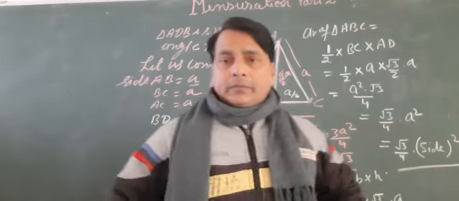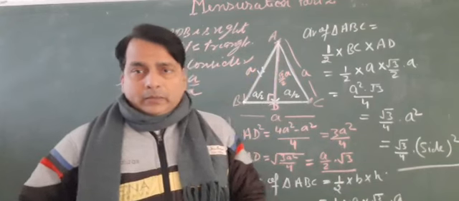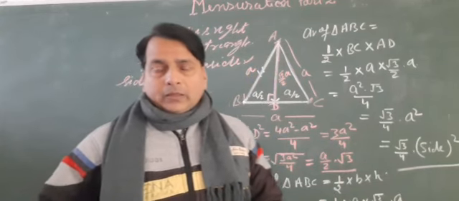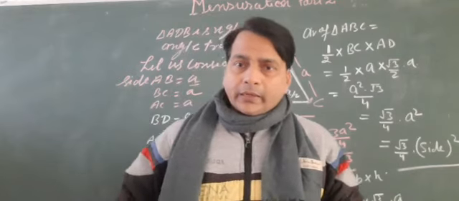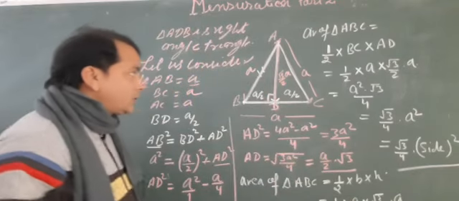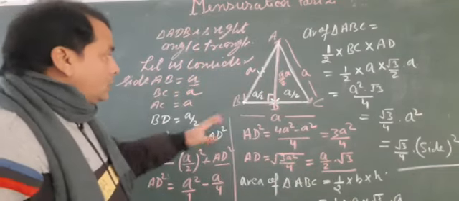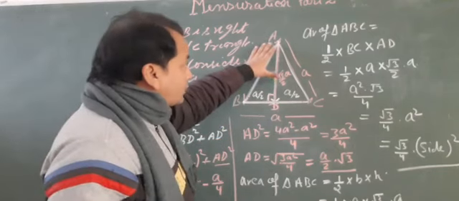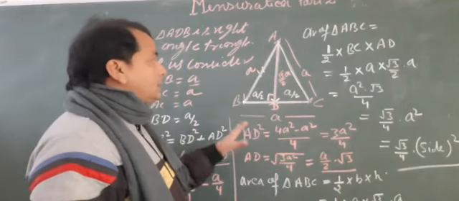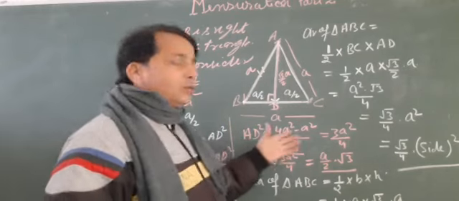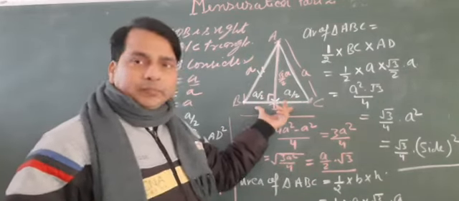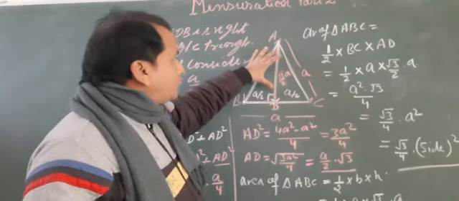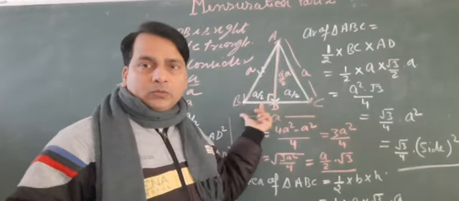So it is clear that equilateral triangle means a triangle in which all sides are equal and each angle is also equal. Now suppose that triangle ABC is given here, then a perpendicular line drawn from the vertex A on the side BC, then perpendicular line AD bisects BC in two equal parts.